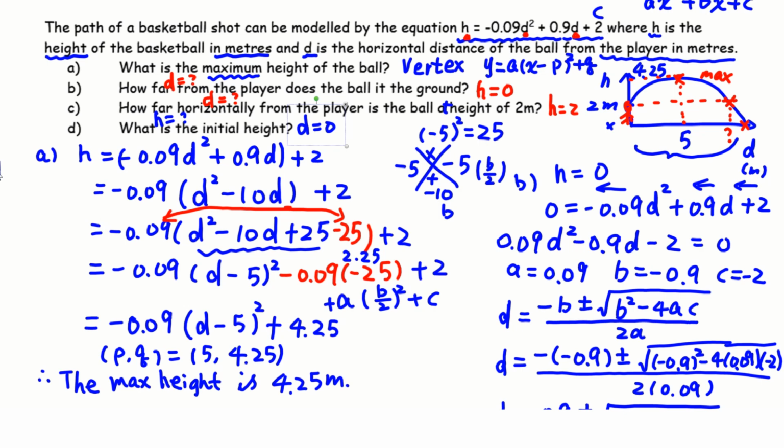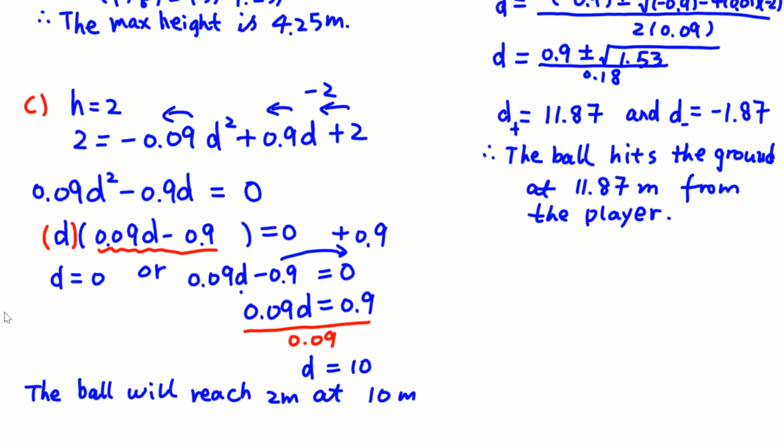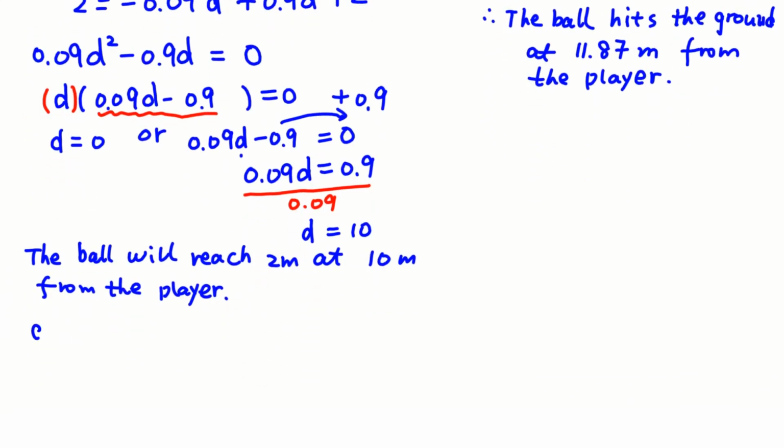So for question D, d equals 0. Initial height is a starting point. So the height equals the c value, which is 2 meters. Then this question is done.